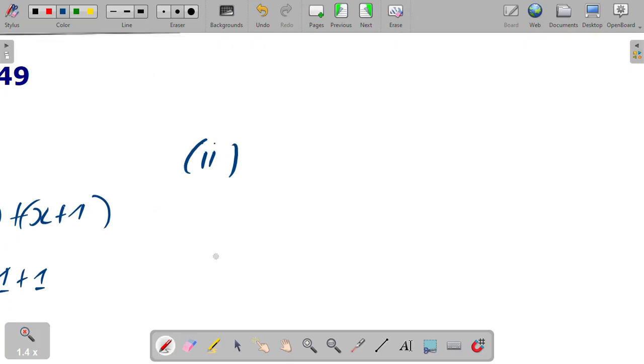The question is: find n of R, and then there is this symbol. This symbol here, in case you don't know, means complement.